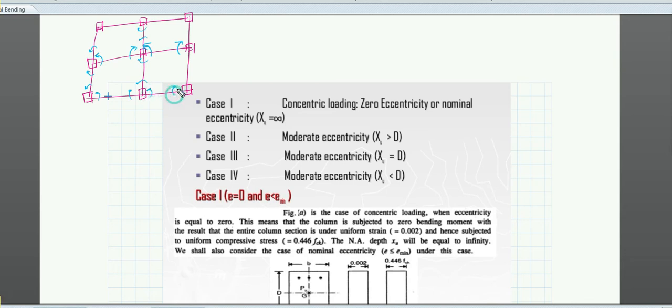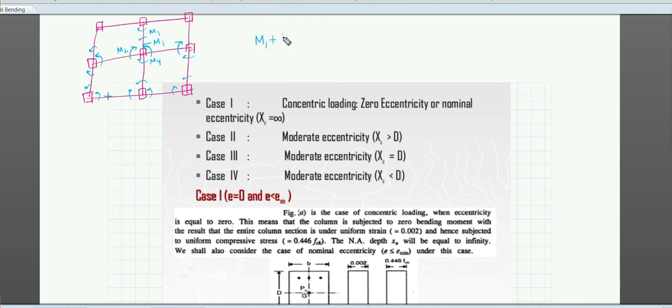So like this, the moments will be there. Now the thing is, if these moments are not equal, suppose this is m1, this is m2, this is m3, and this is m4. You have to take care of the sign.